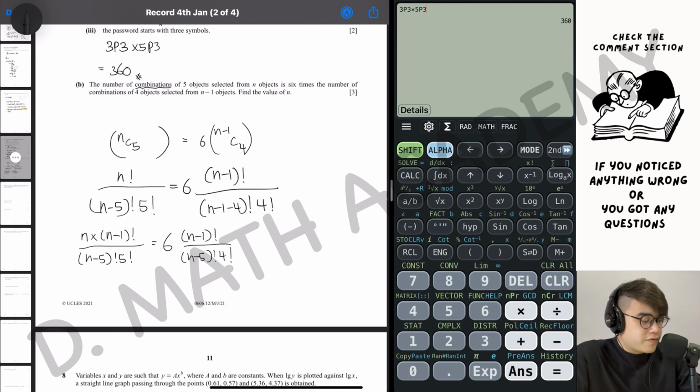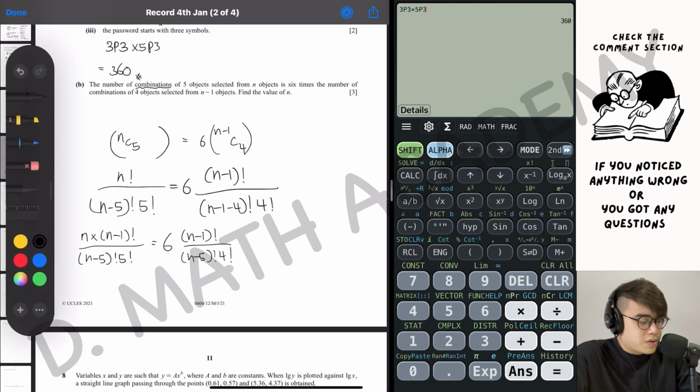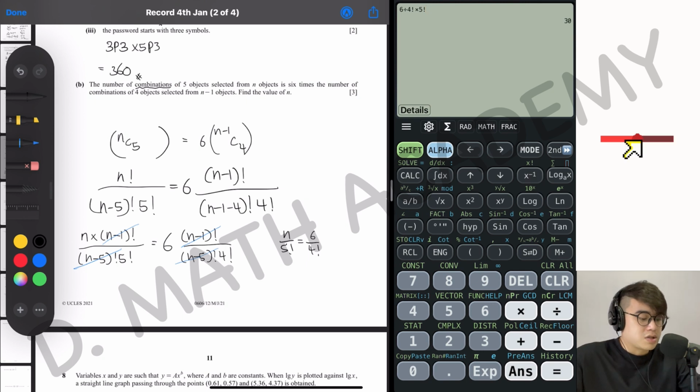I noticed a few things that were repeating. This one and this one are gone. So all I have to calculate was actually n over 5 factorial equals 6 over 4 factorial, so 6 divided by 4 factorial and multiplied with 5 factorial. So you get your final answer as 30.